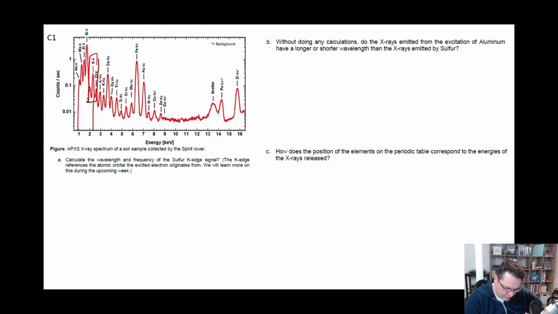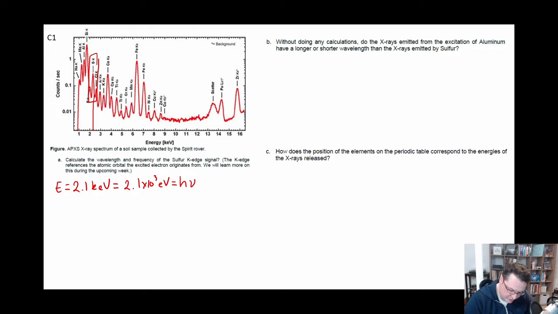So what we're doing here for C1 is calculating the wavelength and frequency of the sulfur K edge. We can see the sulfur K edge right here within the spectrum. Everything has already been identified in this case. Sulfur has the elemental symbol S, and that comes out to about 2.1 kilo electron volts. So the energy is equal to 2.1 times 10 to the third electron volts, which is equal to h times nu, h times the frequency.